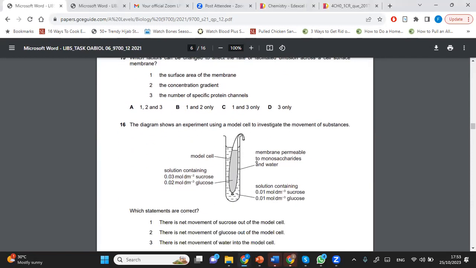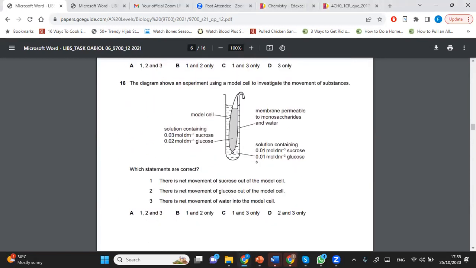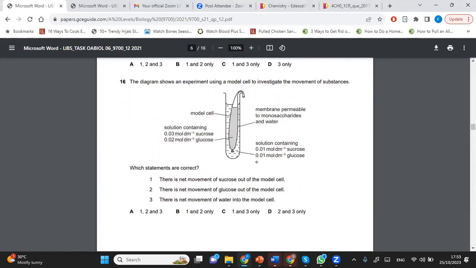Next, they're saying the diagram shows an experiment using a model cell to investigate the movement of substances. So over here, they have set up an experiment. To show a cell, they have taken this tube, which is generally known as a Visking tube.